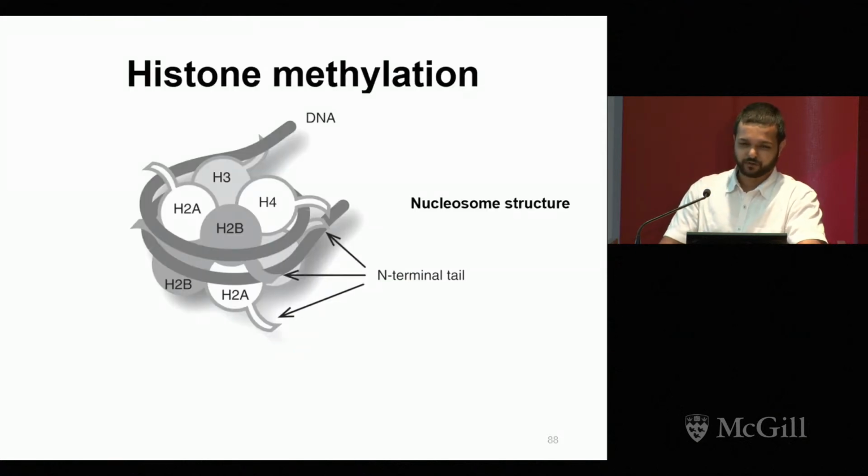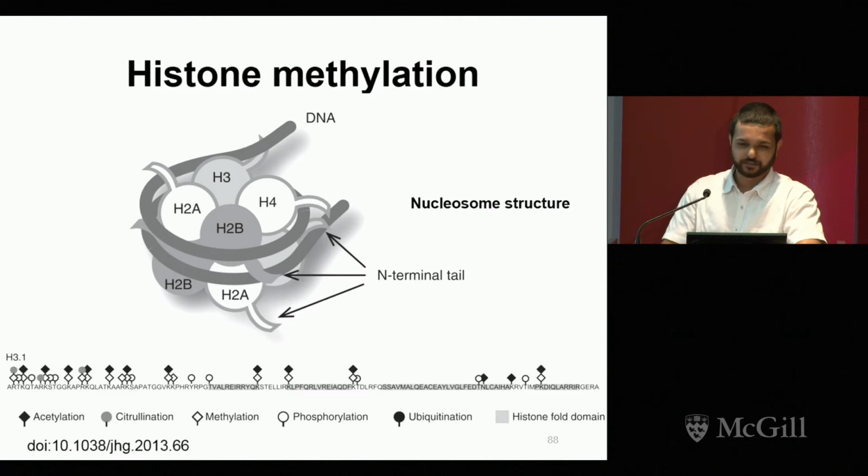You are seeing the structure of a nucleosome here, which is a unit of chromatin, by which DNA is packed into chromosomes. A nucleosome is made up of histone proteins, and they have N-terminal tails coming out of the nucleosome structure.